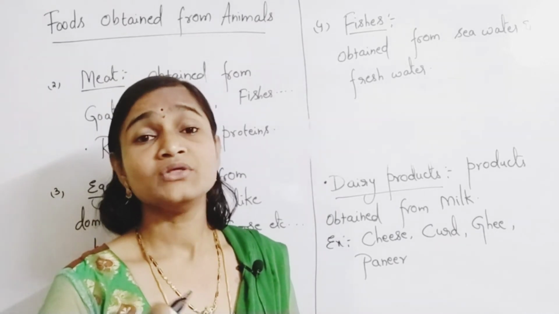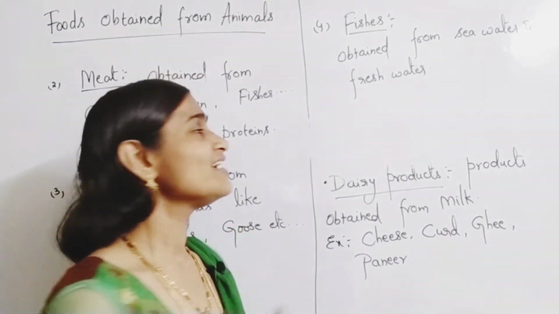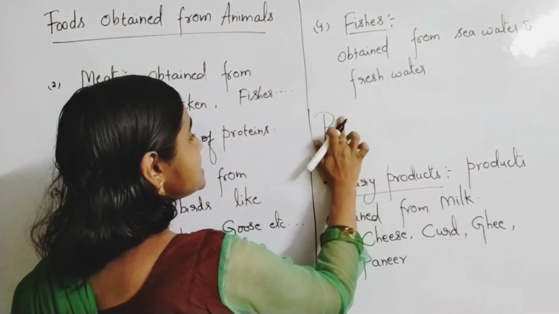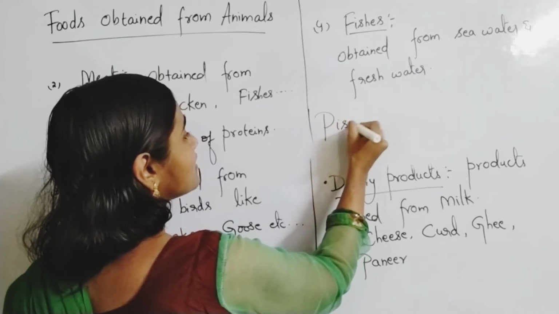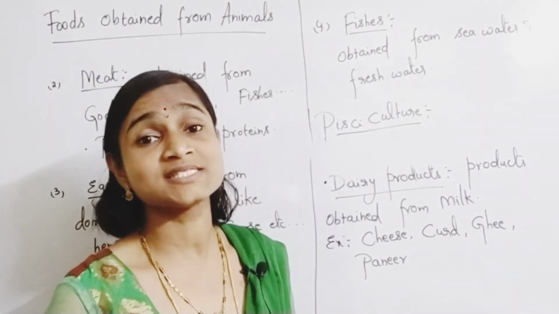And you know, rearing of fishes on a large scale, you call it as what? The process is called pisciculture. So what is pisciculture? Pisciculture is the process of rearing and management of fishes on a large scale.